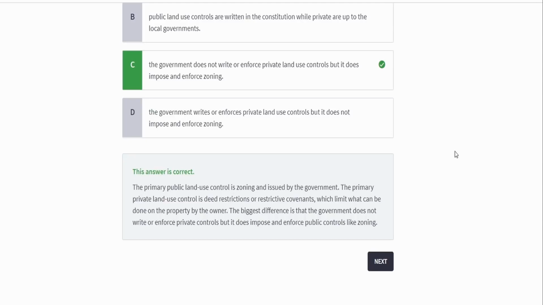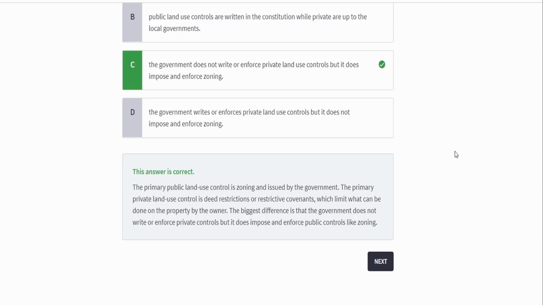That is with deed restrictions or restrictive covenants, which basically just limit what can be done on a property by the owner. But the biggest difference, of course, bringing things full circle, is that the government does not write or enforce private controls, but it does impose and enforce public controls like zoning.